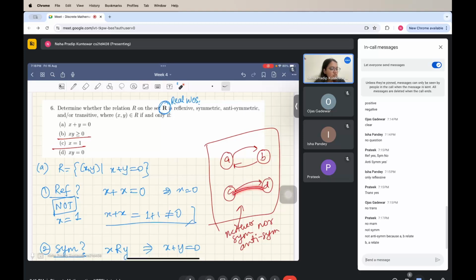Antisymmetry says that you should only have one directional arrows in the graphs, if at all you have them. It's possible that there is a pair of elements that do not have any arrow amongst them, that is totally fine, but if you have, it should be one directional. So in this case you have both kinds of arrows, and therefore the relation is neither symmetric nor antisymmetric. So does that answer your question?